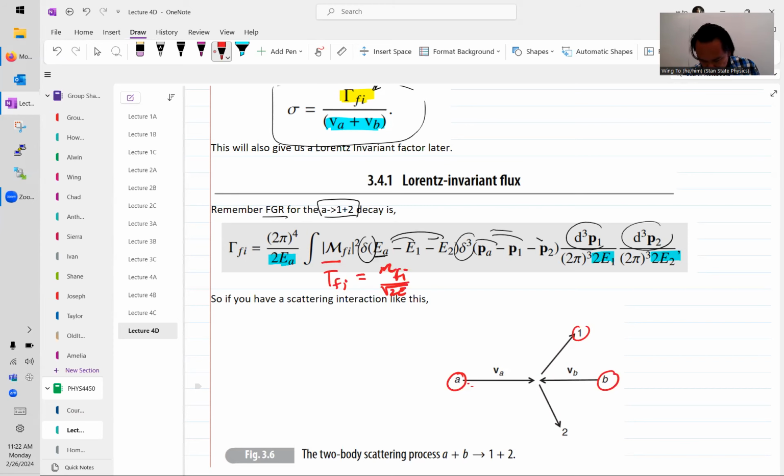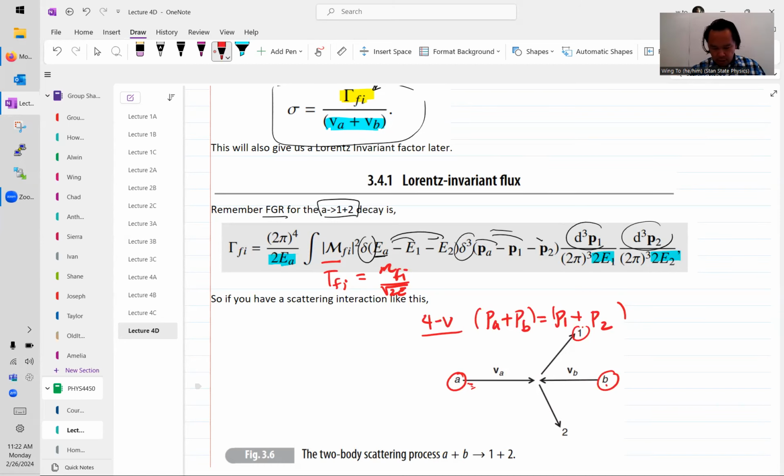But the sum of the incoming momentum has to equal the sum of the outgoing: PA plus PB equals P1 plus P2. And you can use this in the four-vector notation.